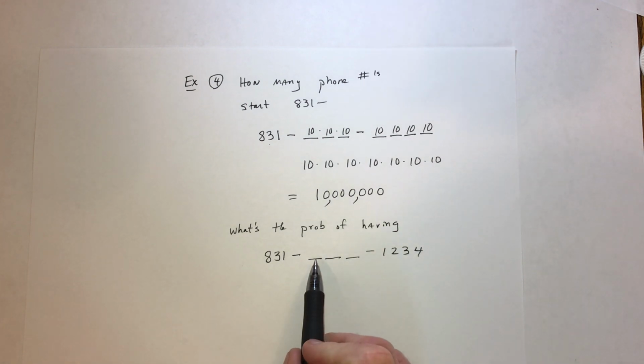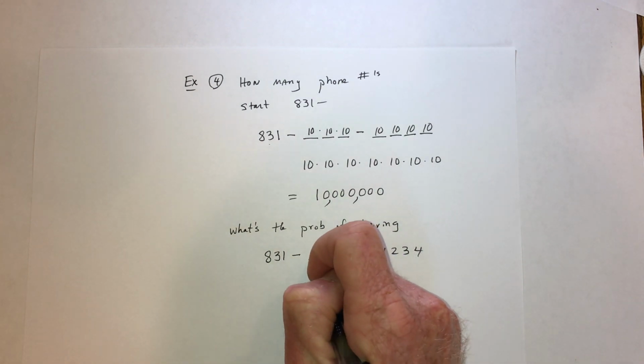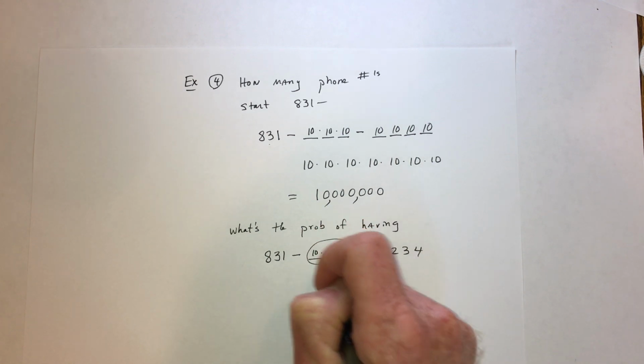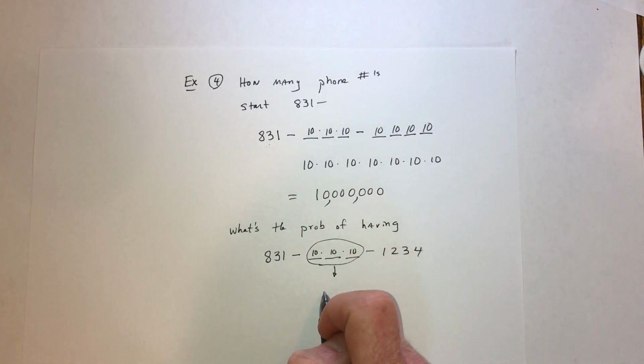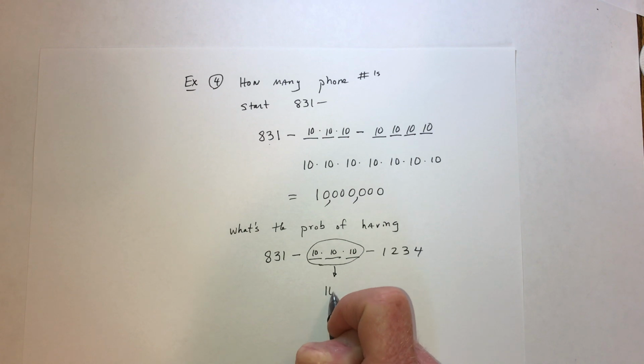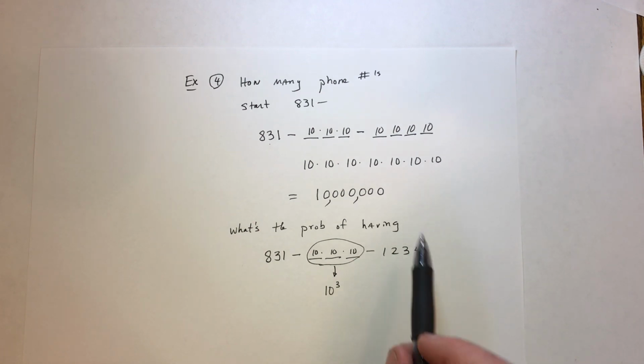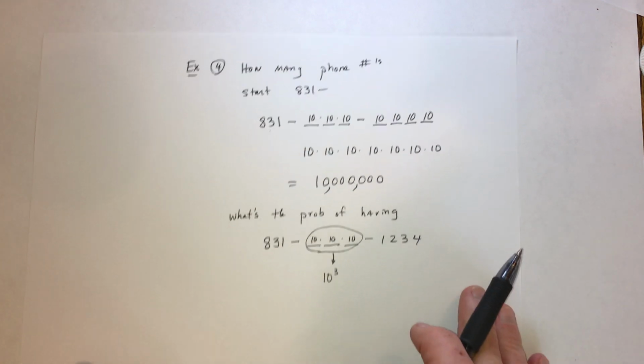With this one, I only have these as choices. So that would be 10 times 10 times 10. The faster way to write it is 10 to the third. Now that's how many there are that would end 1, 2, 3, 4. And the total is this.